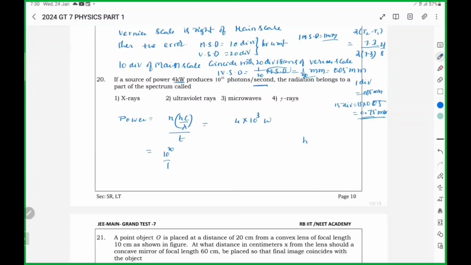h c value, we know that it is 1240 electron volt nanometer. 1 electron volt is 1.6 into 10 power minus 19 joules. 1 nanometer is 10 power minus 9 meters. So here time I will take as 1 second because he has given per second. Lambda I will write.